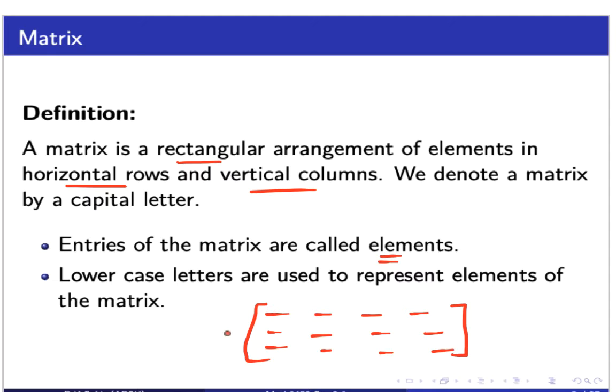And we represent a matrix, it's all convention, by a capital letter, say K. And these elements here can be a, b, c, I can make a star, I can have a check mark, but the convention is using lowercase letters. It doesn't matter what you want these elements to be. But the most important part in a matrix is the position of each of these elements. So let's look at some examples of matrices.